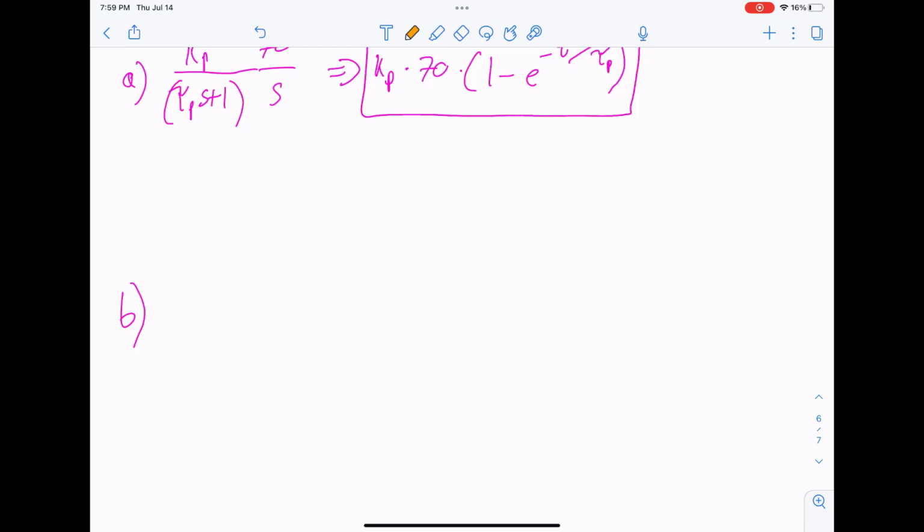When we have our initial terms in this problem, we're given what these constants are. So our Kp is equal to 0.9 degrees Celsius per percentage heater. Our tau p is equal to 190 seconds, and our dead time is equal to 15 seconds.